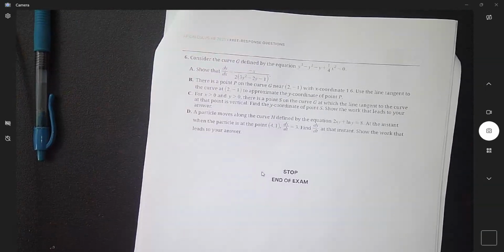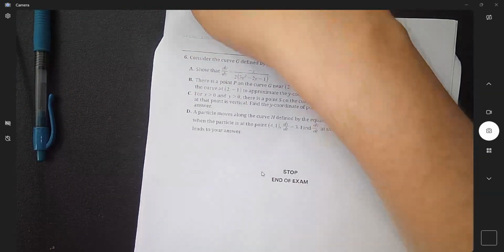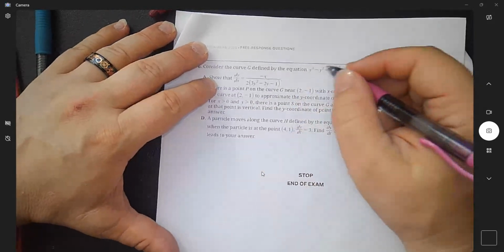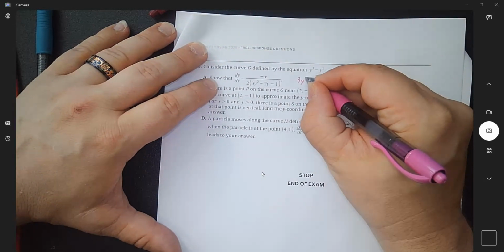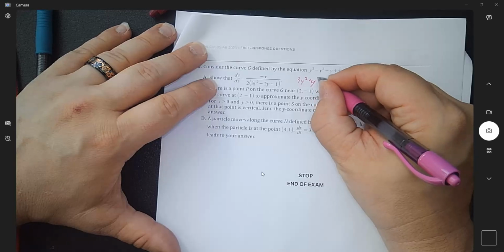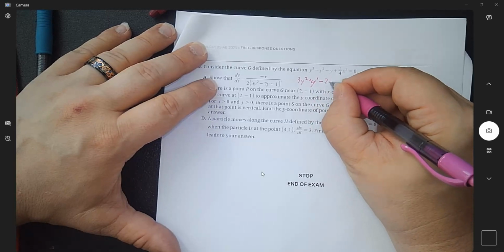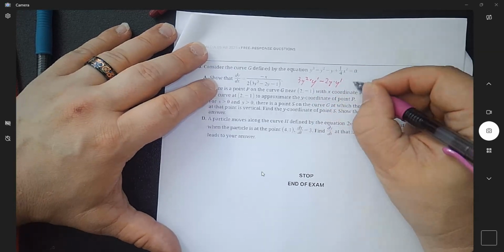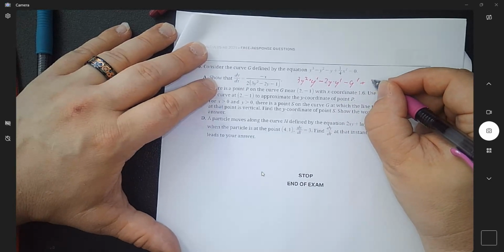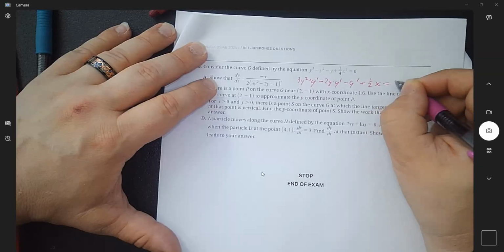Last of the AB questions. Consider the curve G defined by that equation. Oh, it's an implicitly defined curve. Show that dy/dx equals that. So I'm going to say 3y squared y prime minus 2y y prime minus y prime plus 1/2 x equals 0.